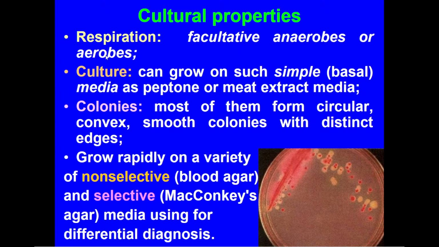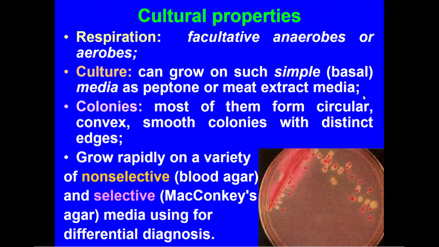How do we culture them in the laboratory? Their nutritional requirements are not very fastidious, so quite often they may grow on simple or basal media such as peptone or meat extract media like MPA, meat peptone agar.